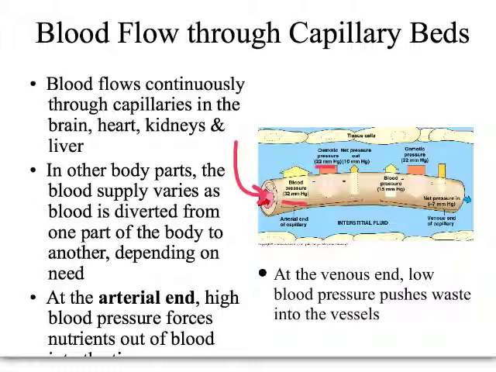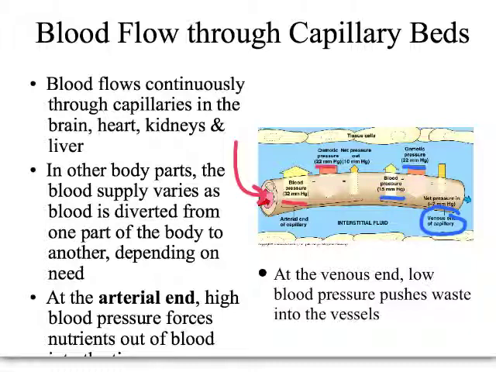Now, as blood flows through the capillaries, on the other side of the end is what we call the venous end of the capillary bed, and by that time, there's very little blood pressure that's kind of felt from the pumping of the heart. So osmotic pressure, again, the interstitial pressure is about 22 millimeters of mercury. That usually stays constant, but the blood pressure on the venous end is only 15 millimeters of mercury.